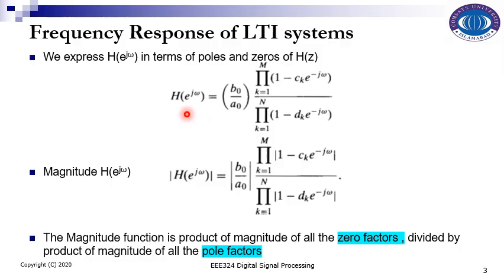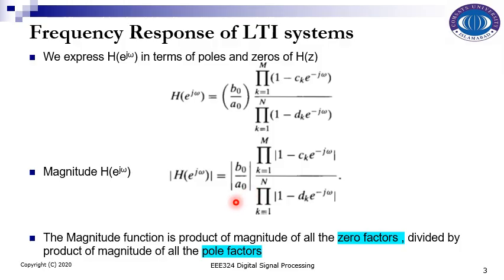And if we want to find an expression for the magnitude frequency response, the magnitude of H(e^jω), since H(e^jω) is a product of all these factors, then, because these are complex numbers, the magnitude of a product is the product of the magnitudes.